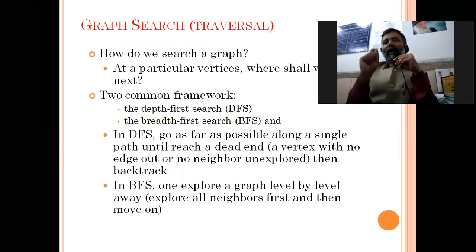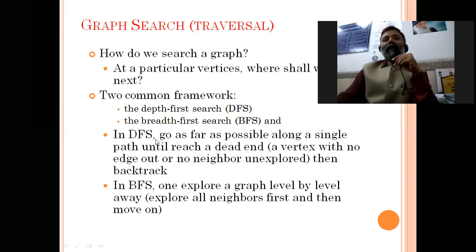Dead end means there is no outgoing edge from that node, or there are no unexplored neighbors. We will use some coloring scheme for that, to show whether the node is unexplored, partially explored, or explored.